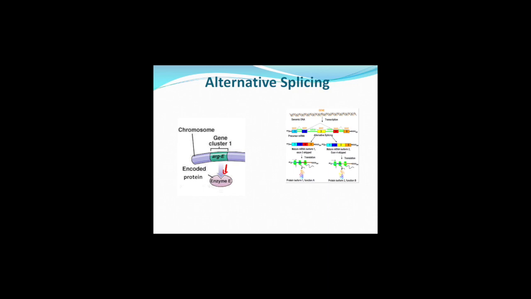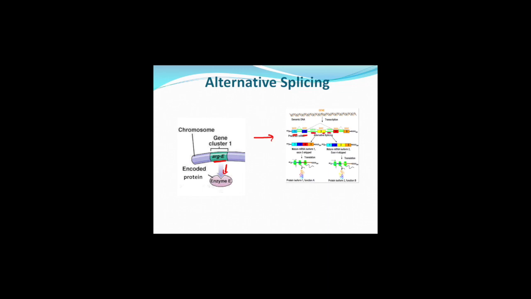But you know that this gene isn't just one continuous sequence of bases; it is actually composed of a number of exons, or coding reading frames, interspersed with non-coding regions called introns.